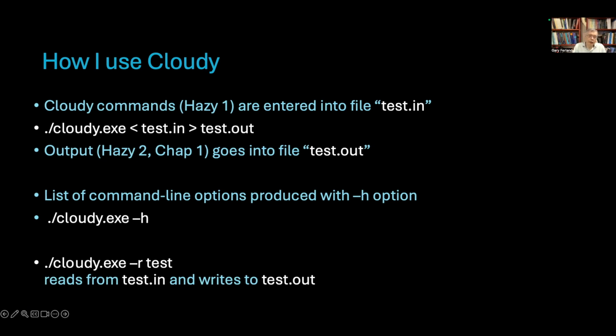That flag says to read the name test and add the .in and the .out. So cloudy.exe -r test would read from test.in and write to test.out. That's a facile way of getting around some of these things. What we're going to do next is see how we do that at the command prompt.